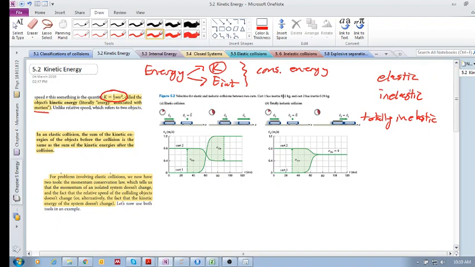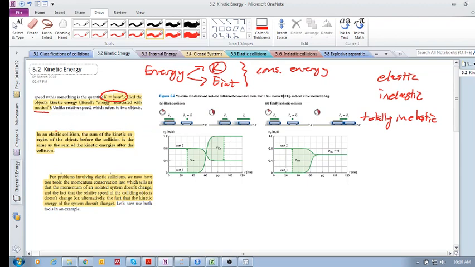For an inelastic collision, the relative speed after collision was less than before. And for a totally inelastic collision, the relative speed after collision was zero. Basically, after colliding, the two objects were moving together at the same velocity.